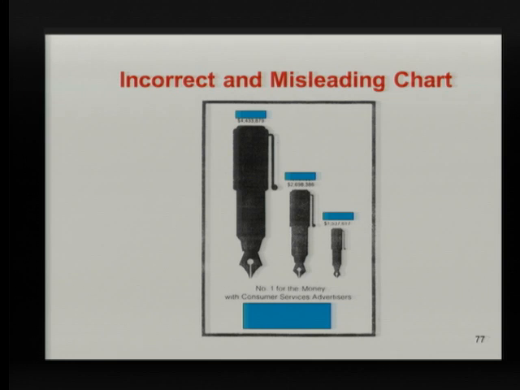But when they use a pen and enlarge it, they actually stretch it in 2 dimensions. The height is probably no more than 100% bigger, but if you expand it in 2 dimensions, this pen is actually more than twice the size of this.